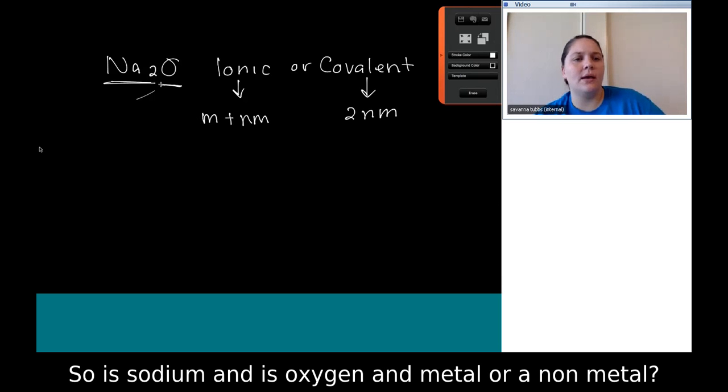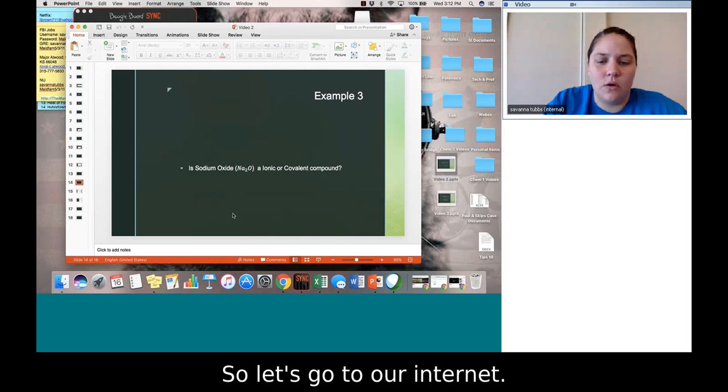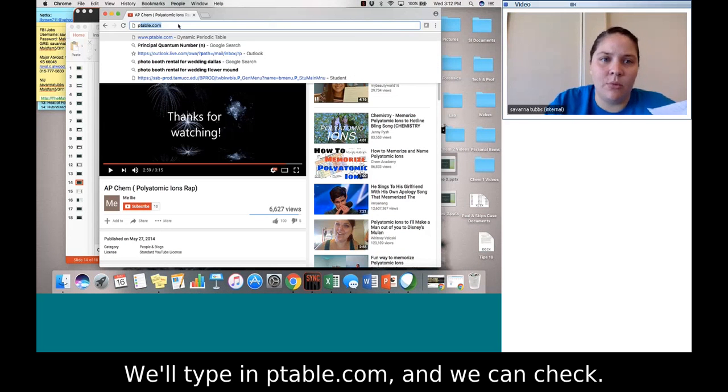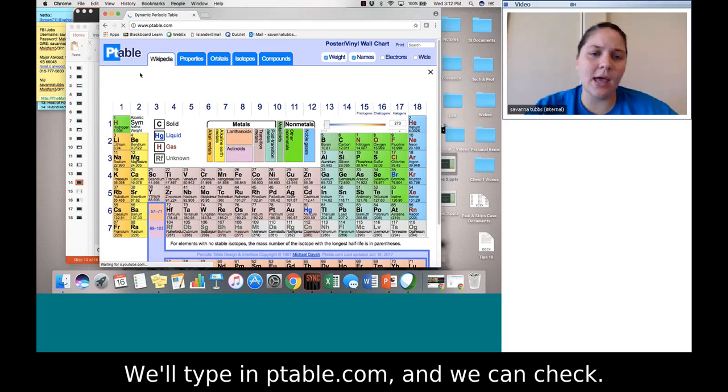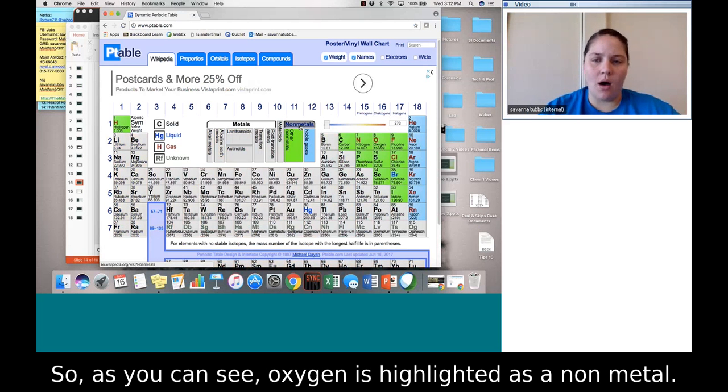Is sodium a metal or a nonmetal, and is oxygen a metal or a nonmetal? Let's go to the internet. We'll type in ptable.com and we can check. Let's highlight nonmetals. As we can see, oxygen is highlighted as a nonmetal.